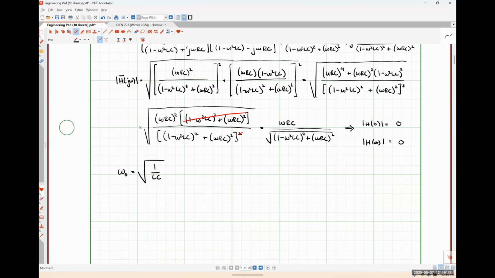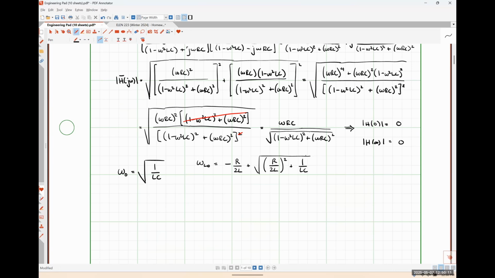So when I solved it, I just did it symbolically in MathCAD, so I'm just going to give you the result, okay? So what we're going to find is that our low frequency cutoff is going to be at negative R over 2L plus the square root of R over 2L quantity squared plus 1 over LC.